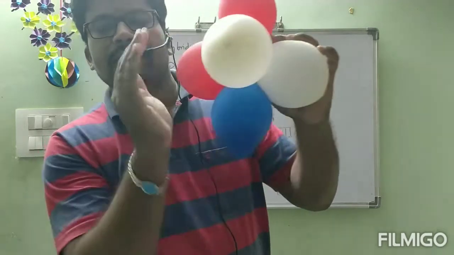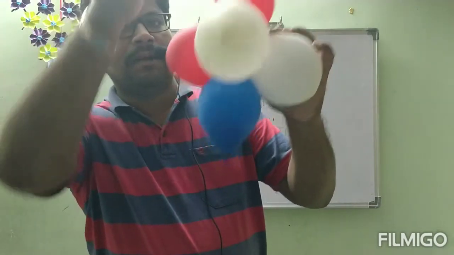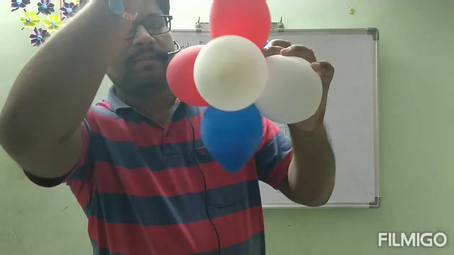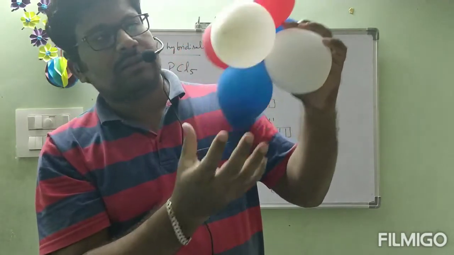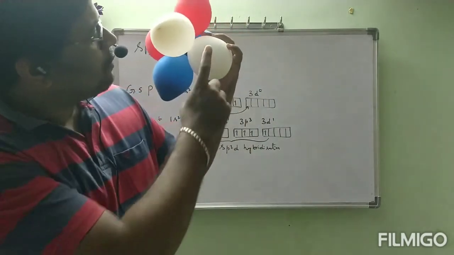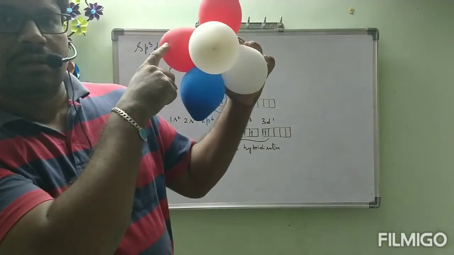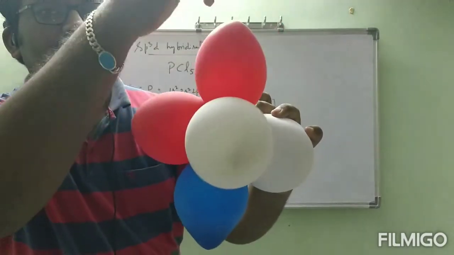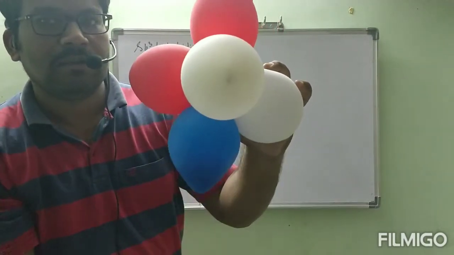These three are in plane. One will be above the plane, another one will be below the plane. 1, 2, 3. 3 orbitals are in plane. One orbital will be above the plane, another orbital will be below the plane.